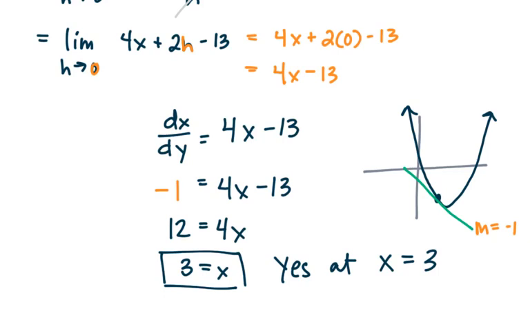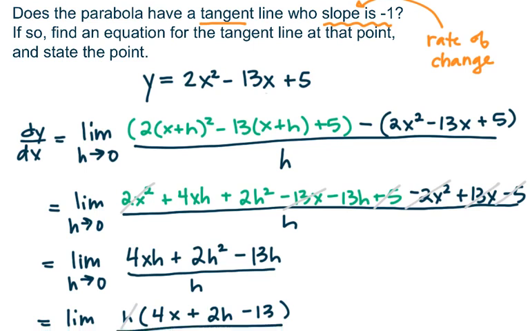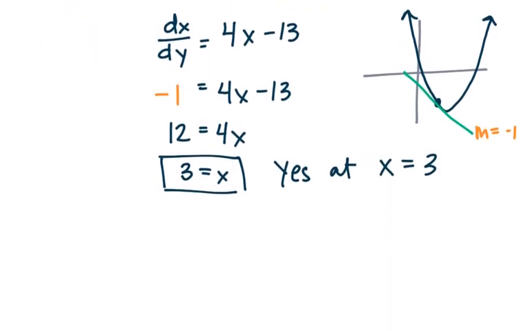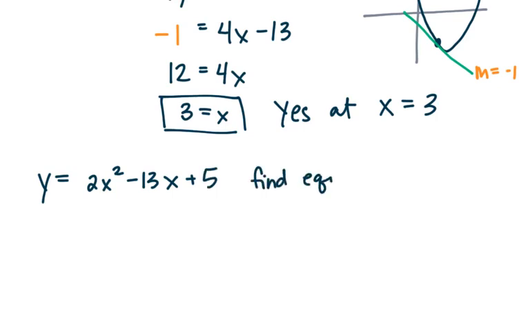All right, so we still have another part of this question. We want to find the equation of the tangent line at that point and state the point. Remember we were given the function y equals 2x squared minus 13x plus 5. Find the equation of the tangent line at x equals 3.